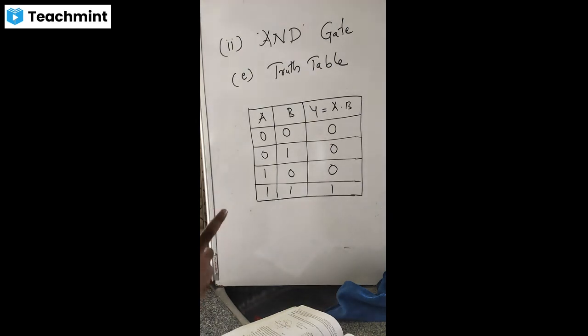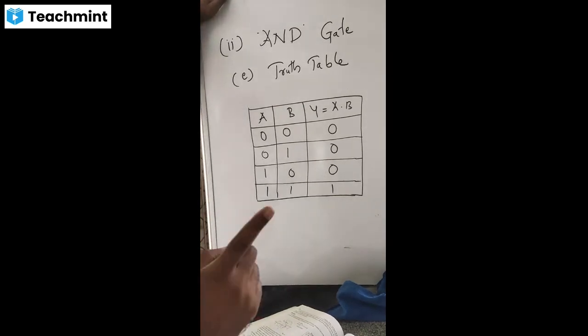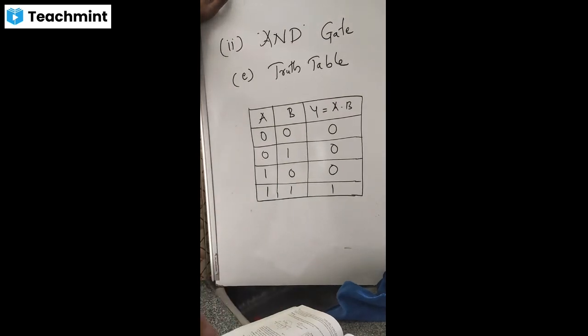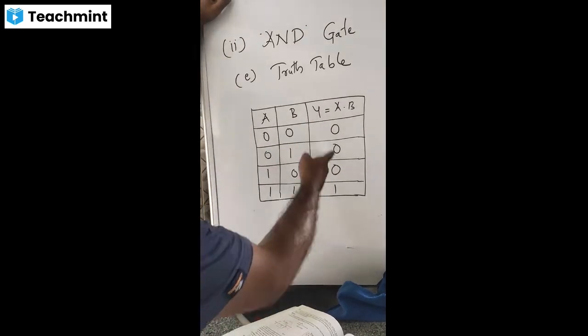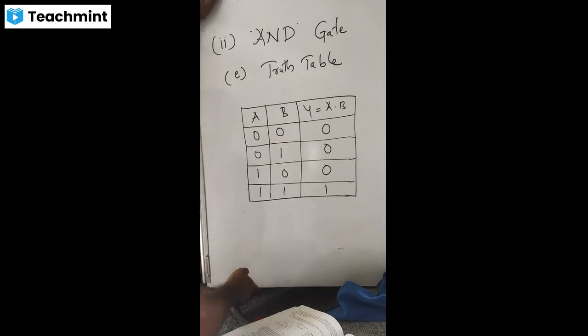if both inputs are high, then only you are going to get high output. So if any one of the input is low, then your output will be low.